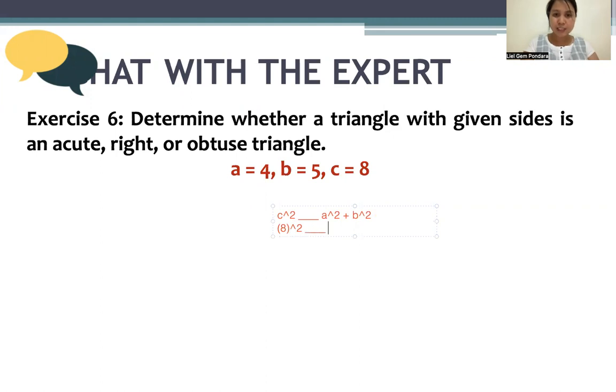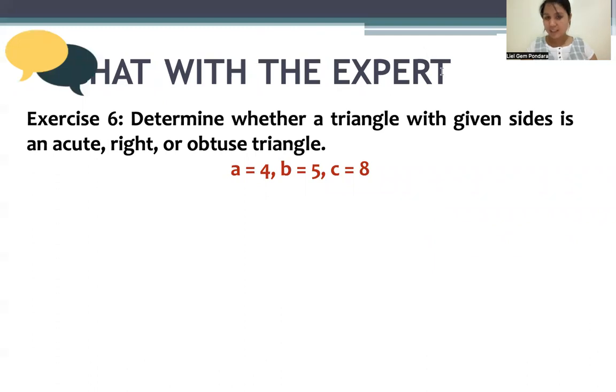We're checking its relationship to 4 squared plus 5 squared, which is 16 plus 25. So 64 is greater than 41. So we say that the triangle is obtuse.